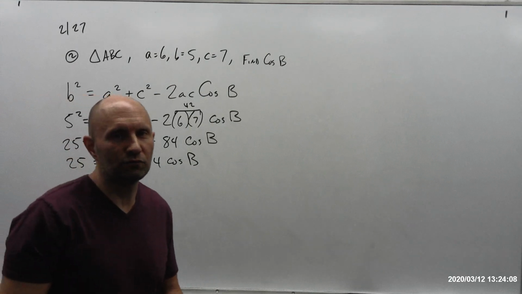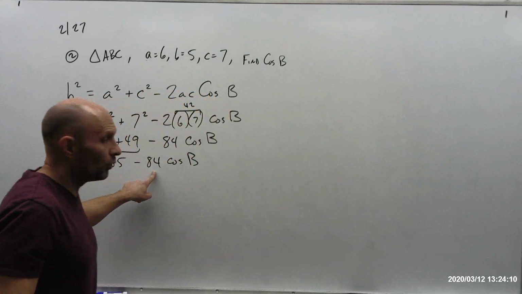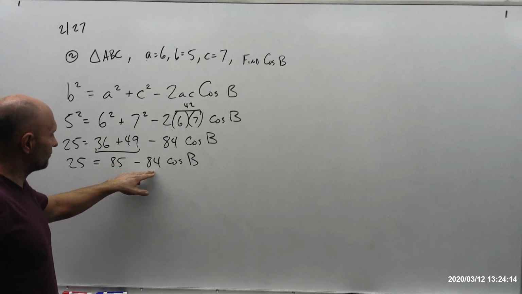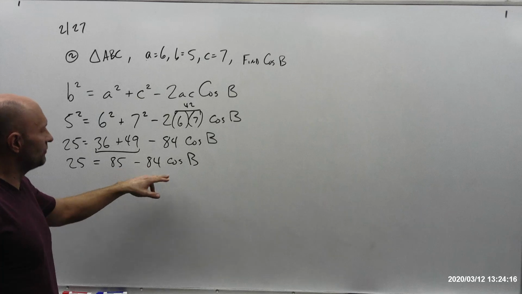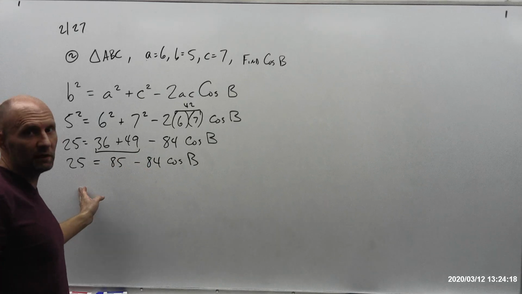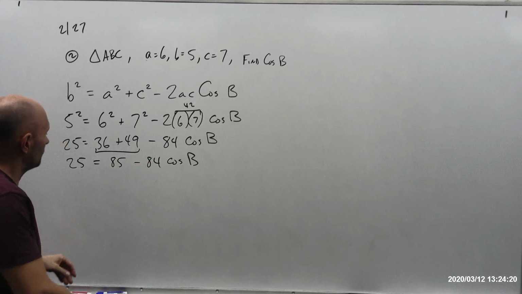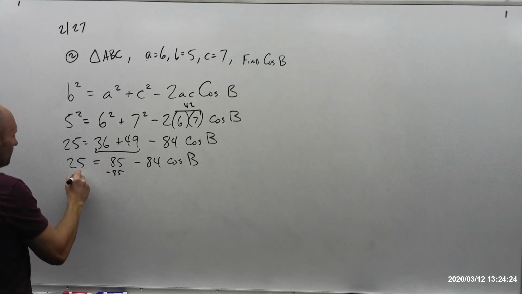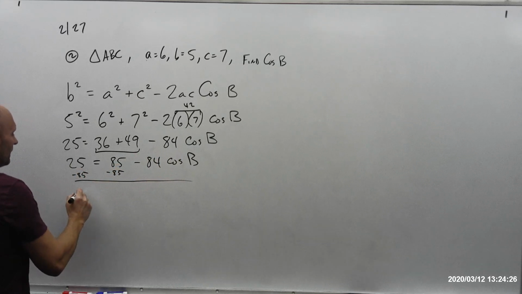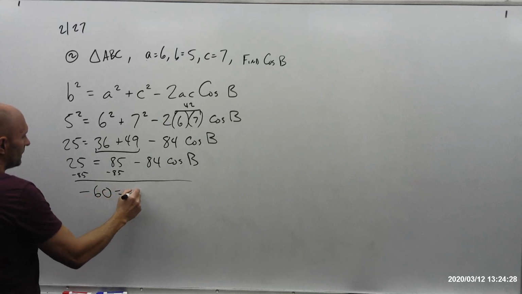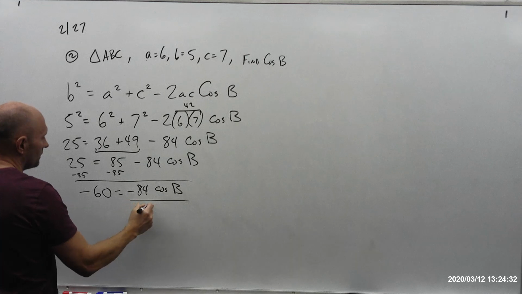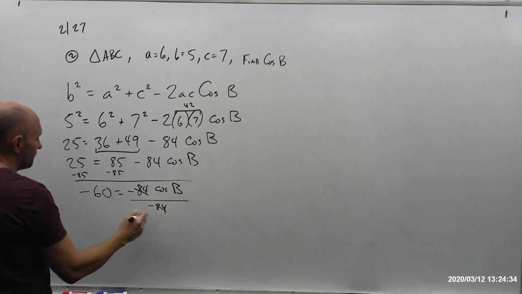And again, I will stress to you, 84 belongs to cosine of B. You can't subtract that: 85 minus 84 is 1, so cosine of B is 25. That's not how it works. This is attached, so I need to subtract 85 from both sides. I get negative 60 is negative 84 cosine of B. Divide everything by negative 84.